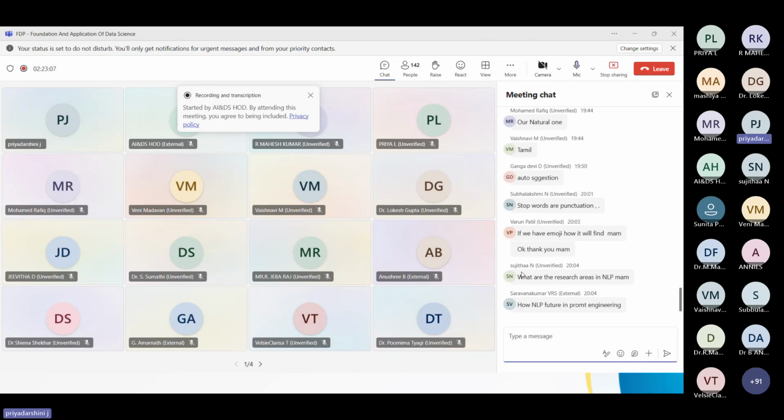And how is NLP's future in prompt engineering? For this question I should put it this way: when we were kids, hopefully all of us in almost the same age group, for maths we used to sit and work a lot. We used to practice a lot.